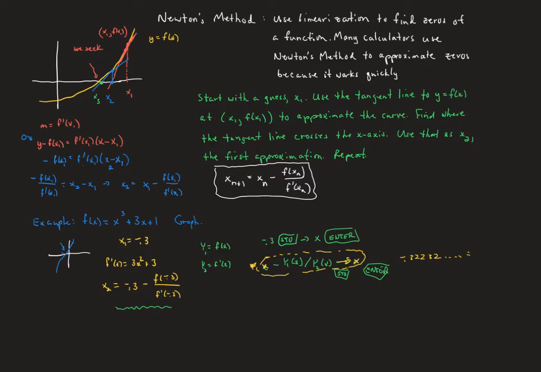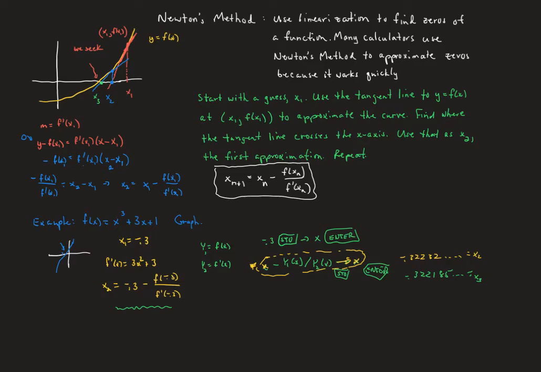When you hit enter, it's going to repeat that process and give us our value for x3, just that quick and easy. That is going to be like -0.322185, and on and on and on.